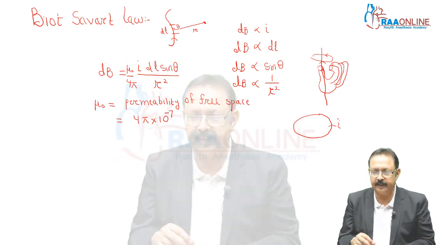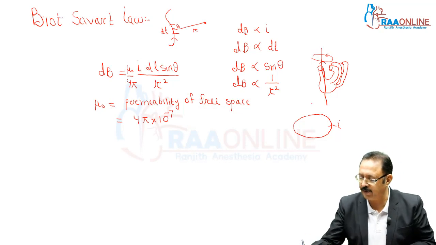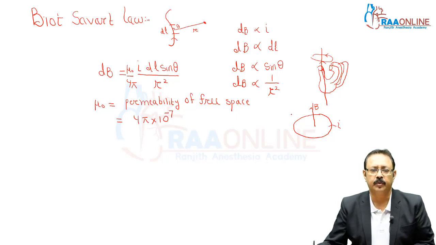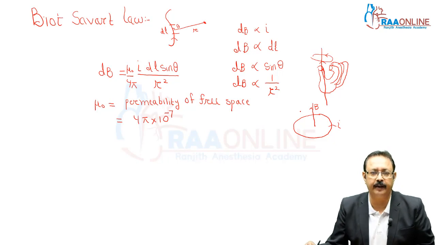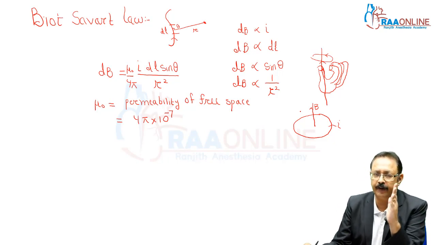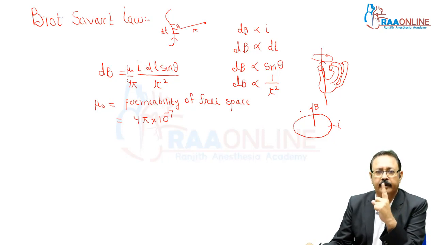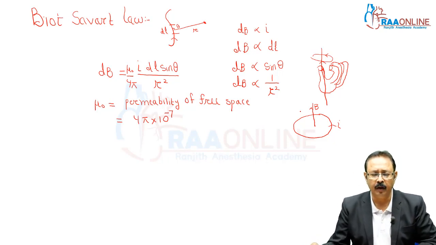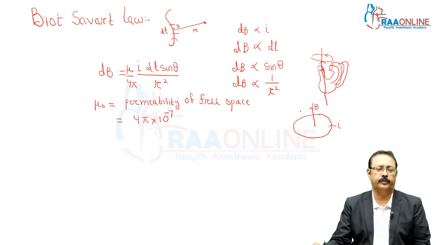It means in this case, magnetic field will be in upward direction. So, using your right hand rule, you can find direction in each case. If the point is away from your conductor, or if you want to calculate magnetic field surrounding your conductor, you can calculate. So, it was Biot-Savart law.